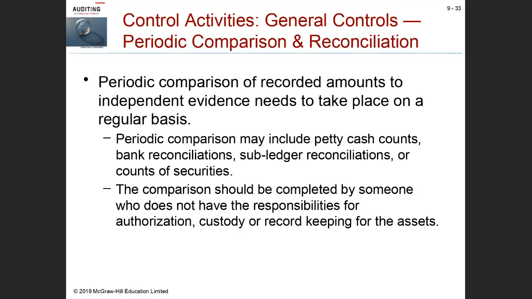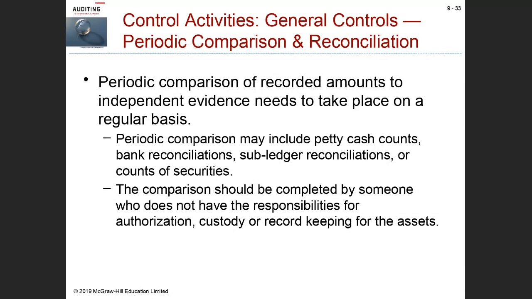The next general control, which really ties into a bit what we talked about before, is periodically doing comparisons and reconciliations, right? So we mentioned bank reconciliations, of course, helps to ensure the accuracy of financial statements, but more general comparisons do as well.